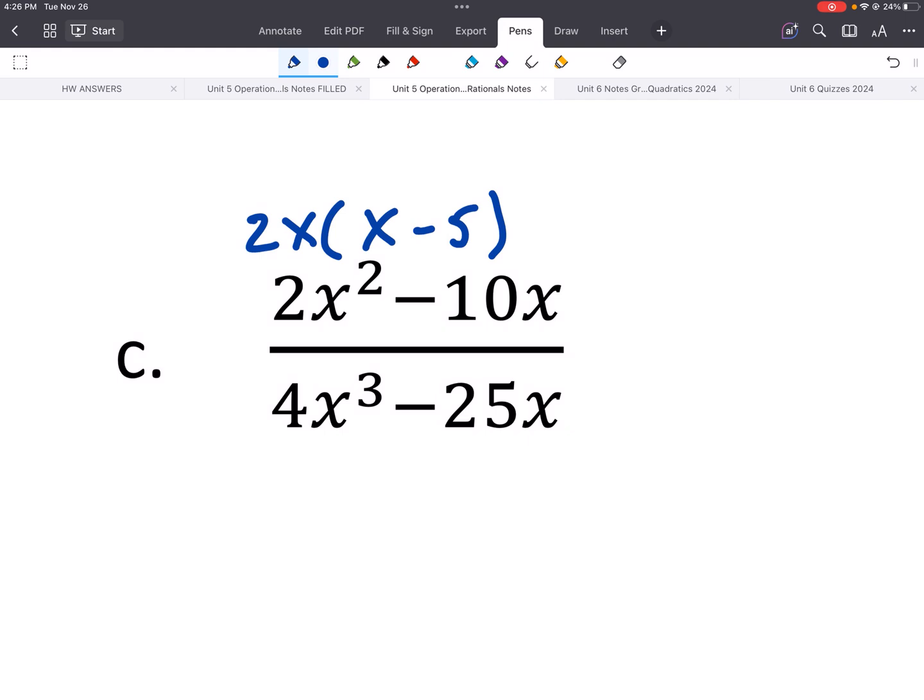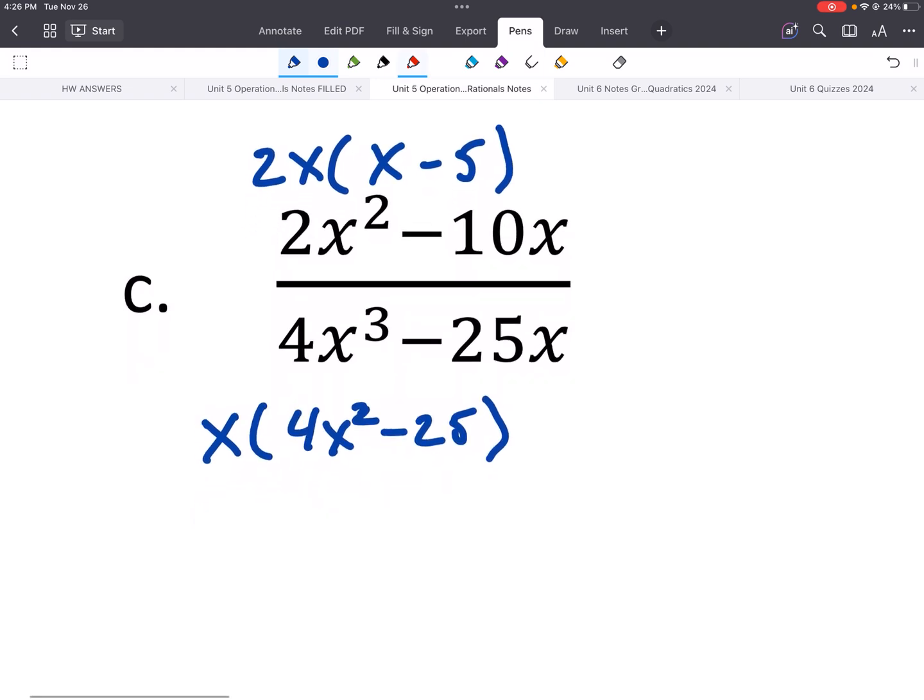Okay, and on the denominator, again, it looks like we could take out an x, so 4x squared minus 25, and that is the difference of squares. So again, this is 2 squared and x squared and 5 squared. So that means we would have x, 2x minus 5 and 2x plus 5.